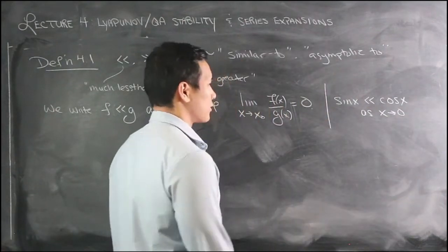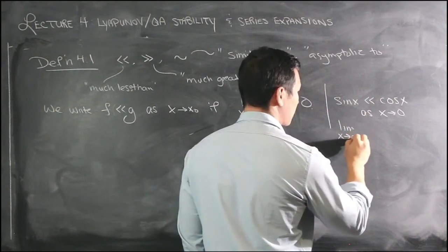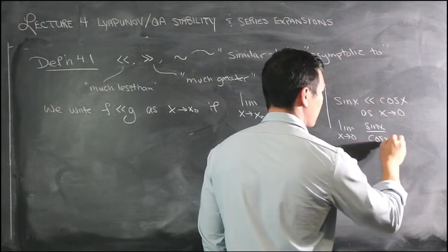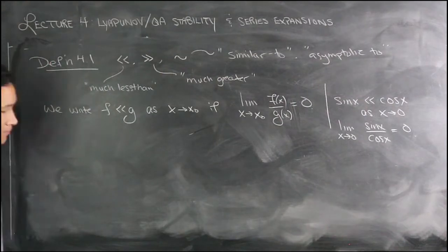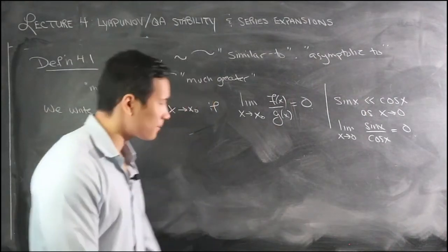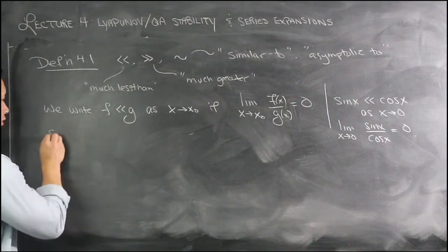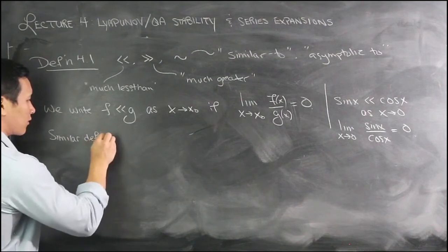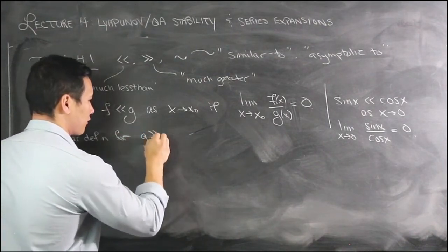Right? I know that because the limit as x tends to 0 of sine x over cos x is equal to 0. Okay? The similar definition for g is much greater than f.